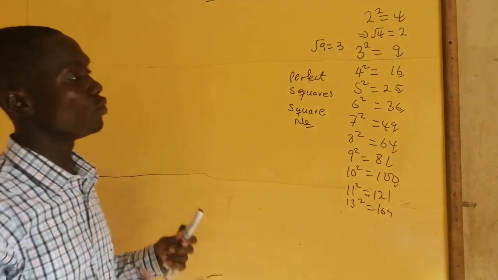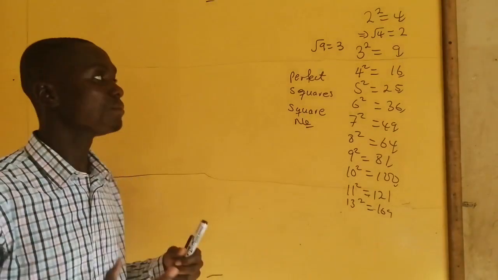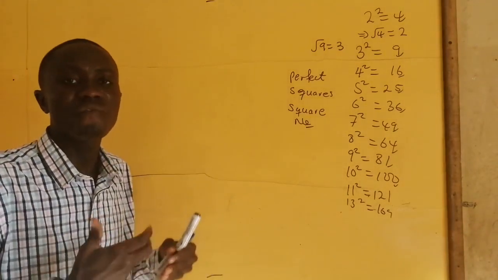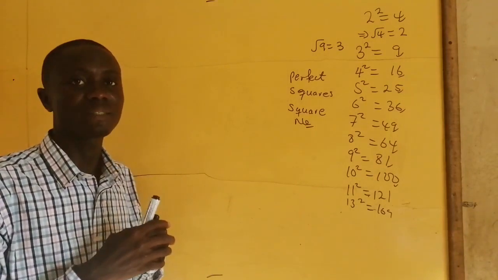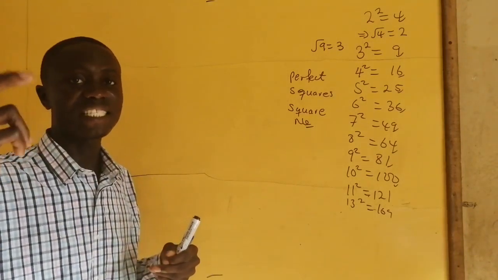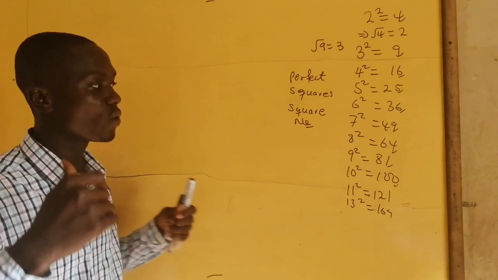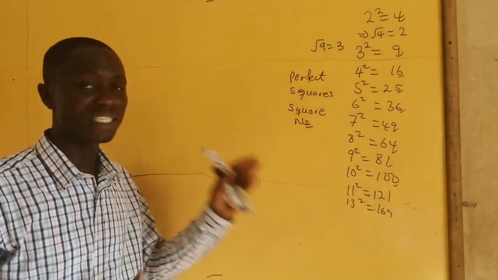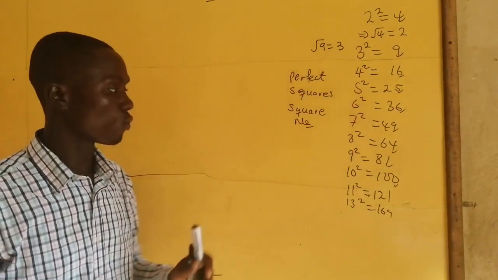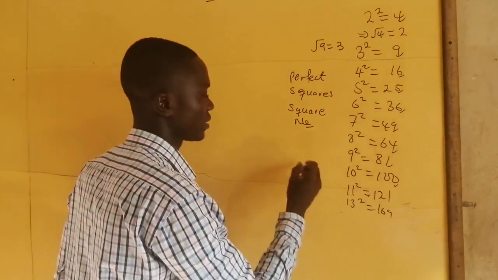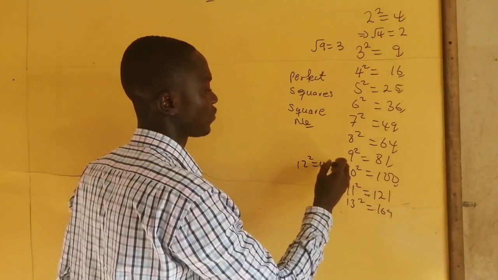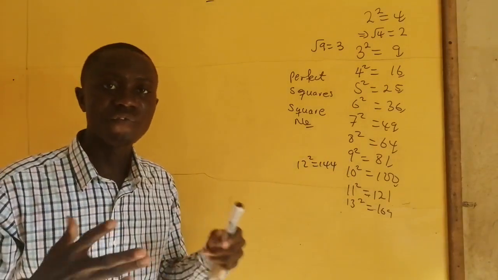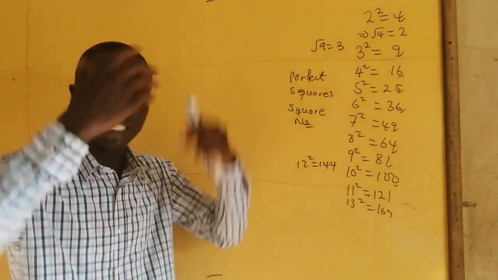So if you really want to understand SURDS, then you need to get in touch with perfect squares or square numbers. 4, 9, 16, 25, 36, 49, 64, 81, 100, 121, 169, 144. That is 12 squared. I didn't bring it. 12 squared is 144. 14 squared is 196. 15 squared is 225, and it goes on.